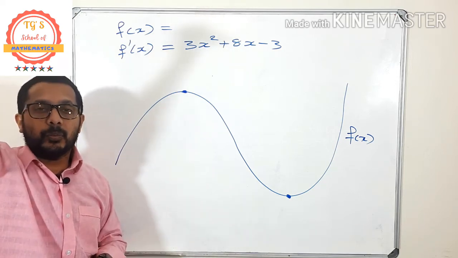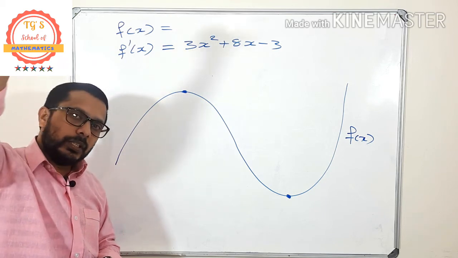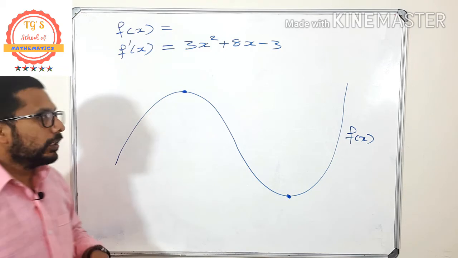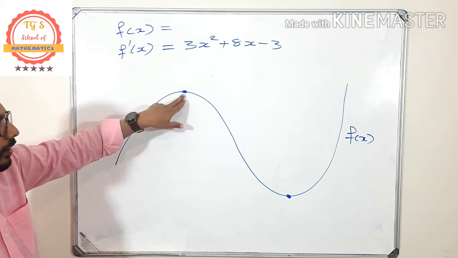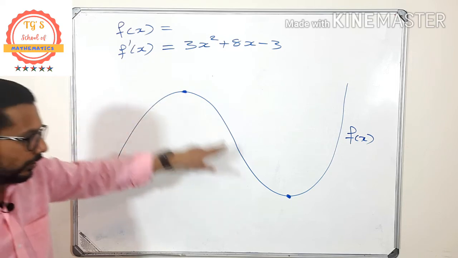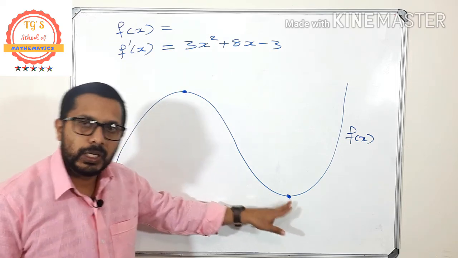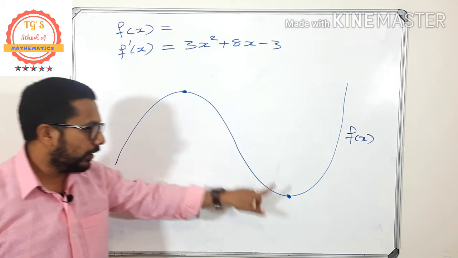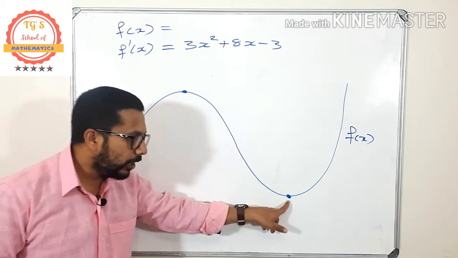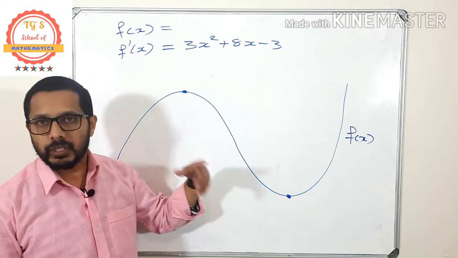That is a stationary point. Okay, then after that you are going down again, am I right? Okay, so this turning point is the same as stationary point. This is also a stationary point. This is the maximum turning point, this is the minimum turning point, this is the maximum stationary point, this is the minimum stationary point. Okay, it's the same thing.